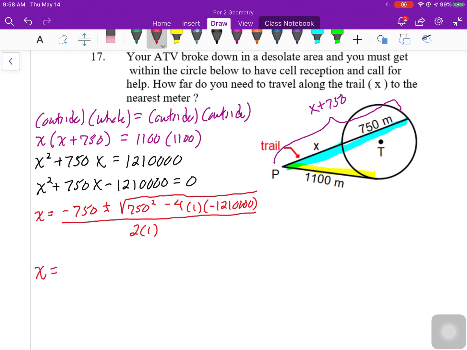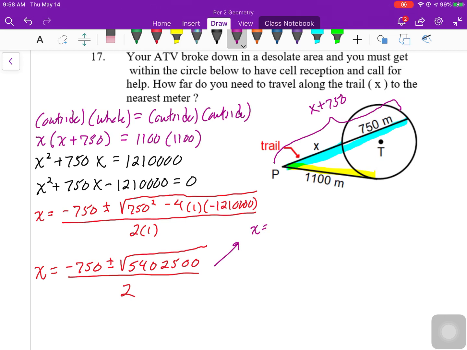And all of that is divided by 2 times the a. As you've seen innumerable times, I like to work out that radicand first. So I have negative 750 plus or minus the square root. And beneath that radical, I have 5,402,500. The bottom is just 2.